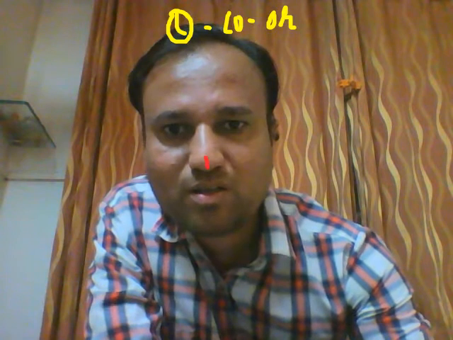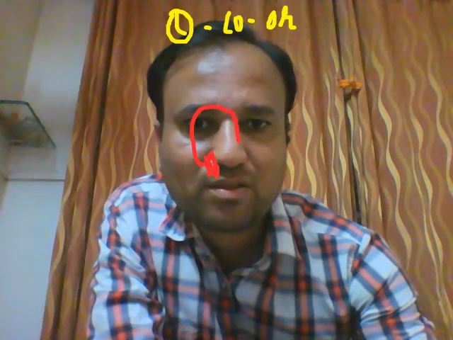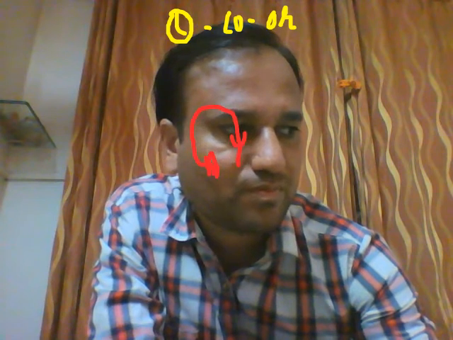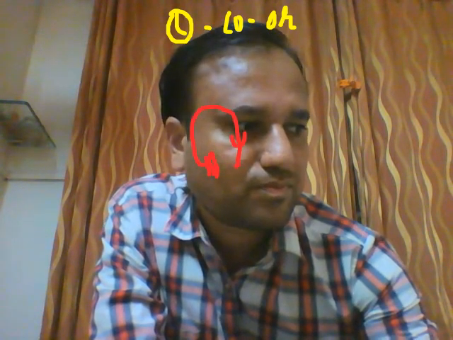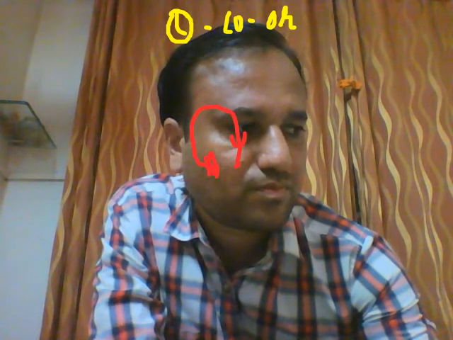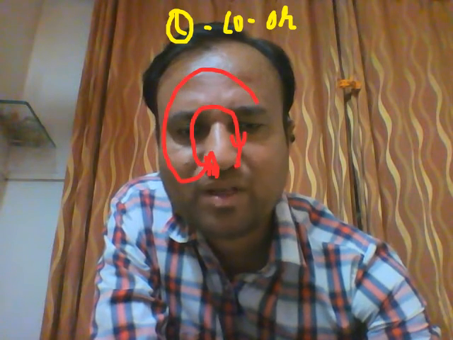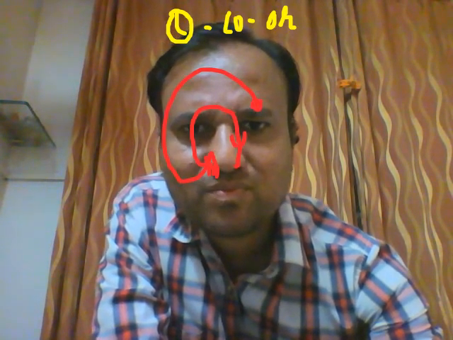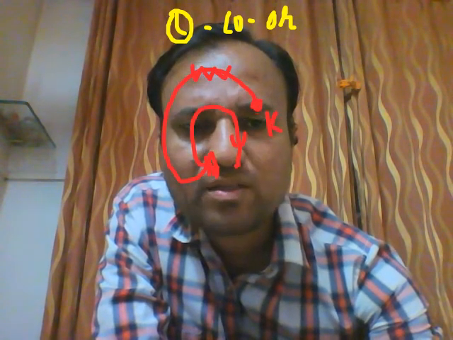For the theta coordinate system I am drawing: this is the damper, then the spring.